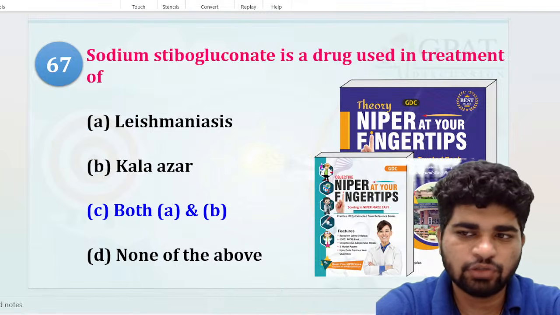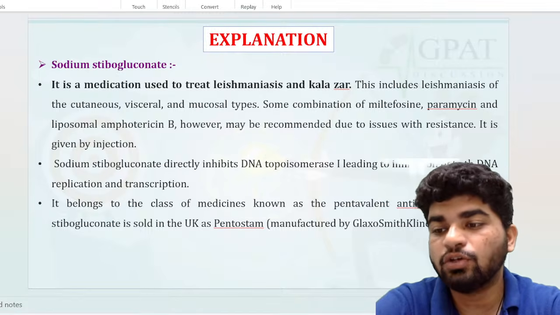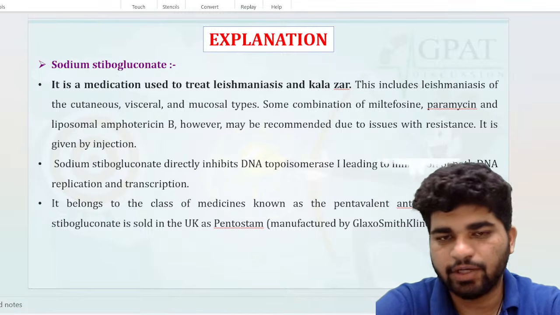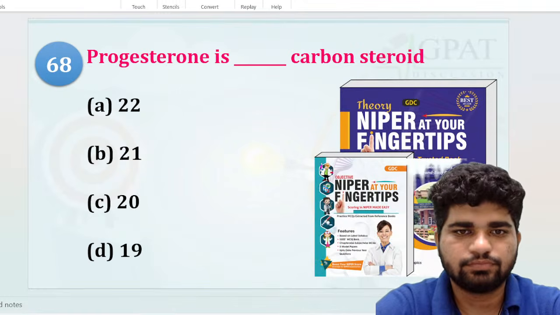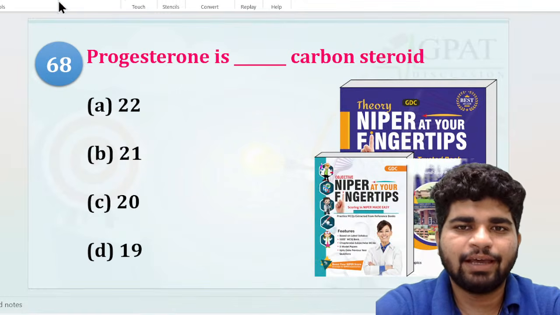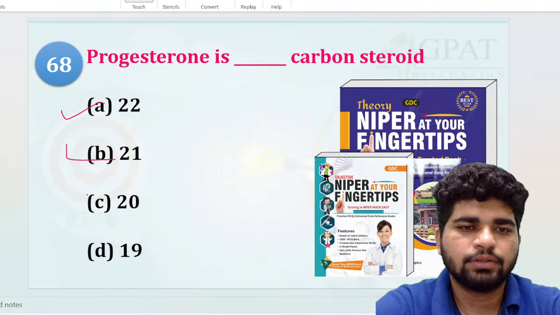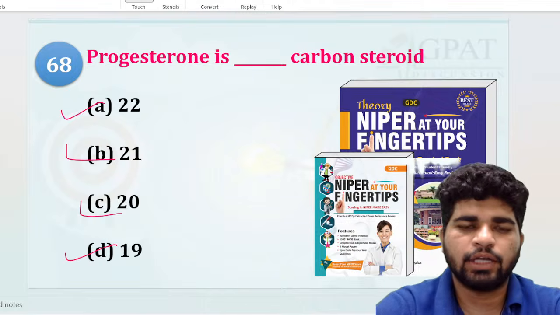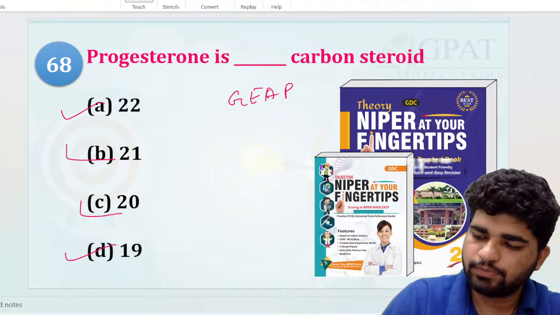Both A and B is the correct answer. These are used for rare diseases and are also known as life-saving drugs. Now, progesterone has how many carbons in its steroid? Is it 22, 21, 20, or 19?